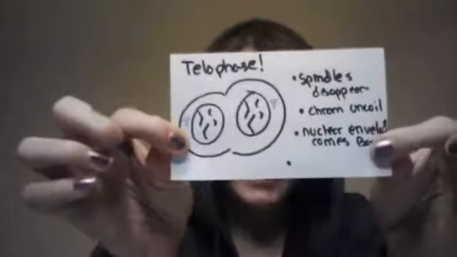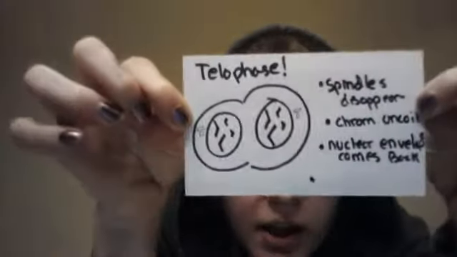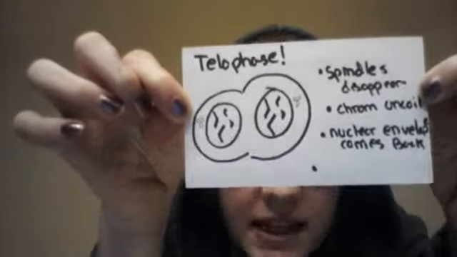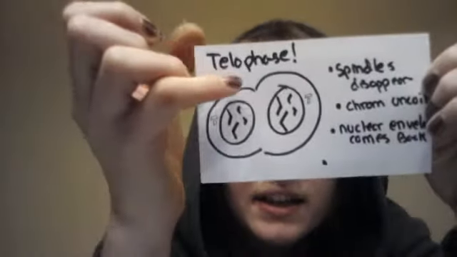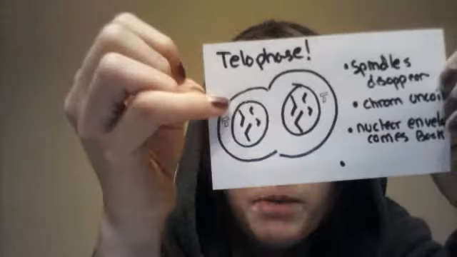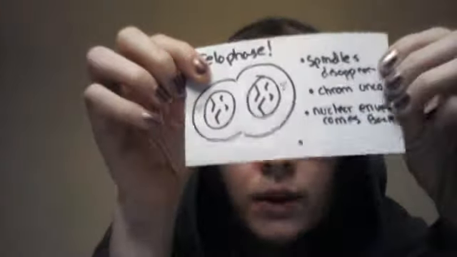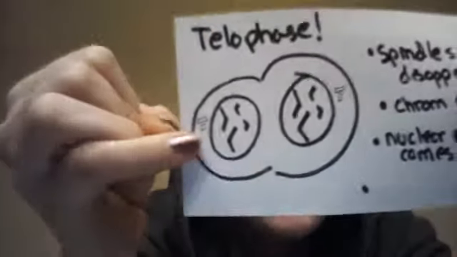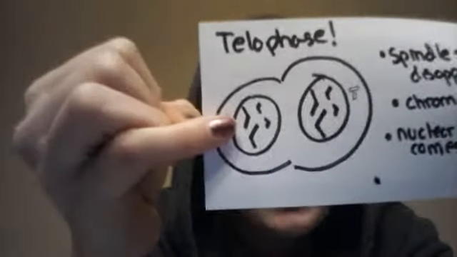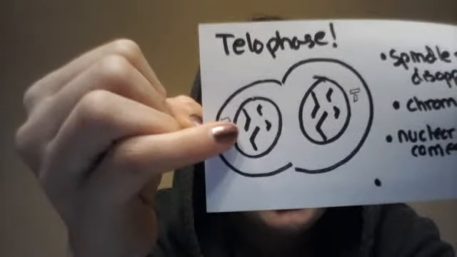Okay. Telophase. Teal. Please promise me all teal crayons. Telophase is where you can start to see that cytokinesis is about to happen, and the nuclear envelope begins to form again, and the chromosomes begin to unravel. So even the way I drew this, each of the chromatids are kind of chilling on their own.